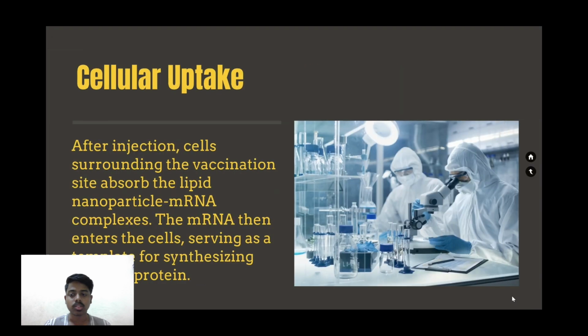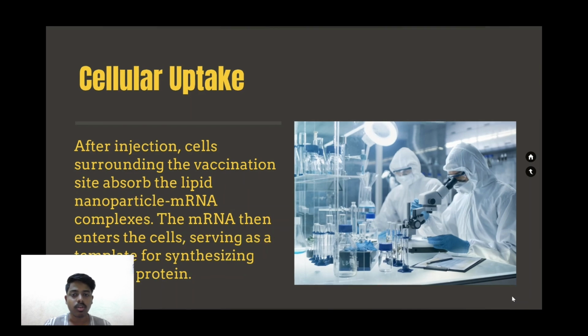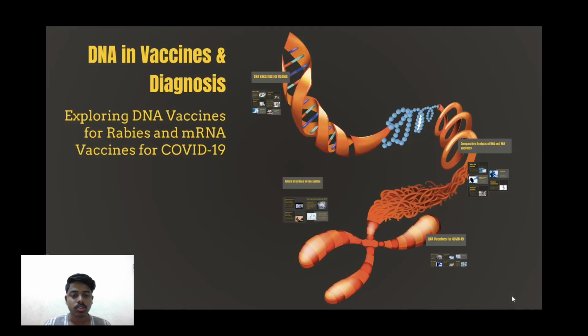The uptake process: after injection, cells surrounding the vaccination site absorb the lipid nanoparticle mRNA complexes. The mRNA then enters the cell, serving as the template for synthesizing the viral protein. And then the virus is neutralized. So this is how RNA vaccines work.